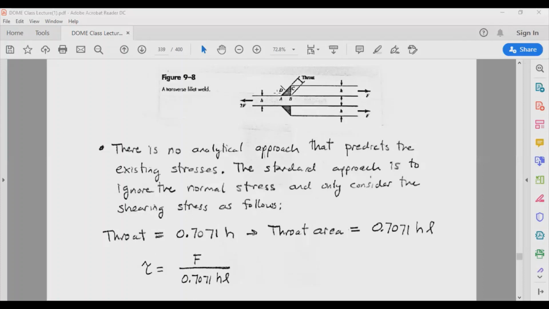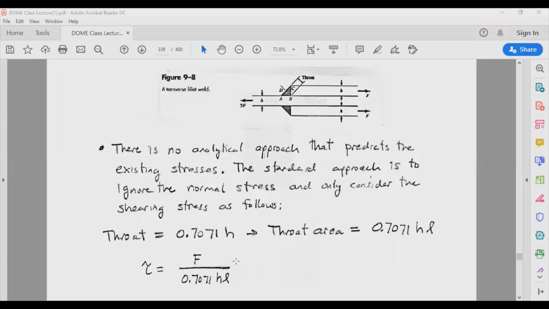So in this case, we know we have this force F, and then the smallest area is the throat area, which is this, and you are directly going to get the shear. The shear is going to be equal to F divided by the throat area. All right, and here notice that they are not doing projection of the force on the area.